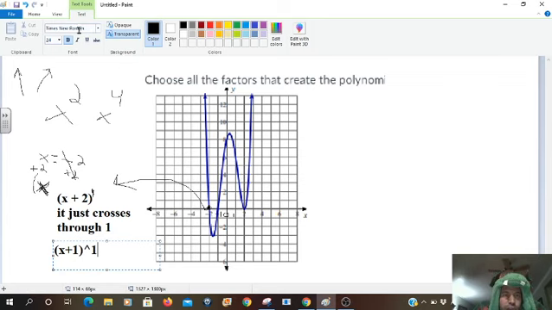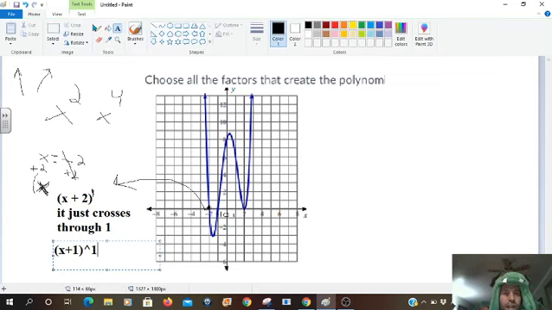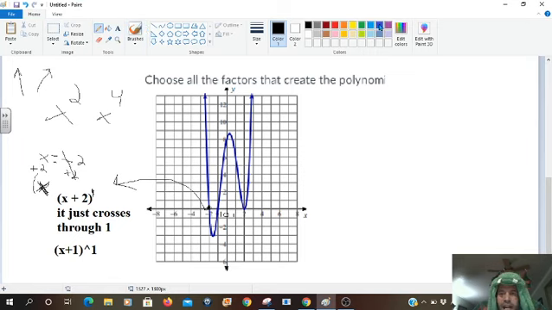Now, this is different. At 2, it actually is going to be bouncing. Because it bounces right there, that means we're going to have an even multiplicity of 2 or 4 or 6. I'm about to put an x plus 2, but that's actually wrong, because this is a +2, so when you put it in the parentheses, it's going to be a -2.